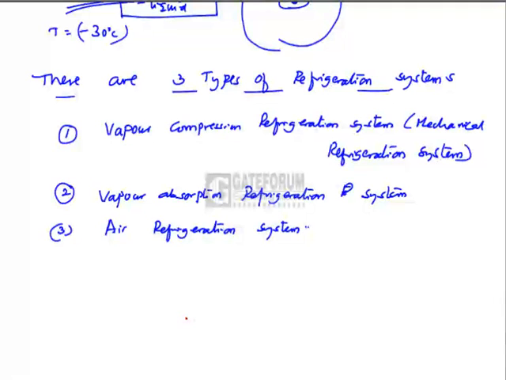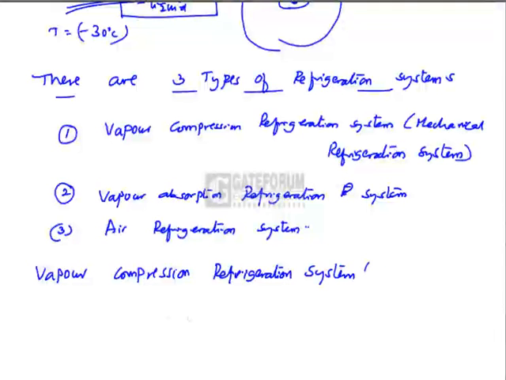Among all those three, the first one is very important, that is vapor compression refrigeration system, which is also known as VCR.